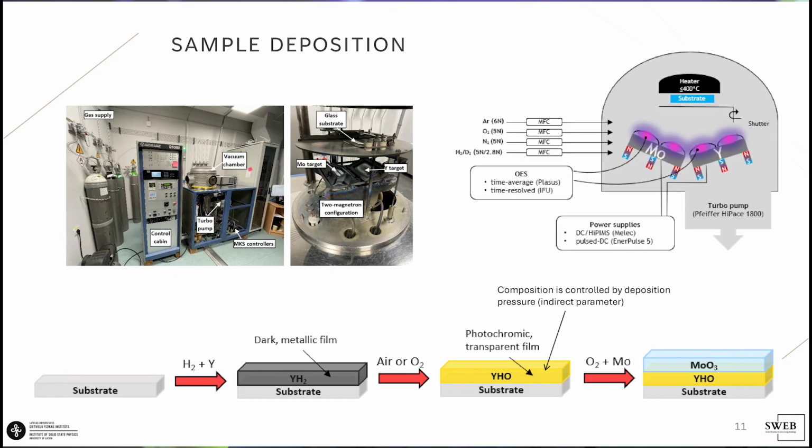Usually it is done by varying the deposition pressure, and in that way we can change how much material will uptake oxygen and what will be the final composition of the material. And at the second stage we sputter molybdenum in argon plus oxygen atmosphere, producing molybdenum trioxide.